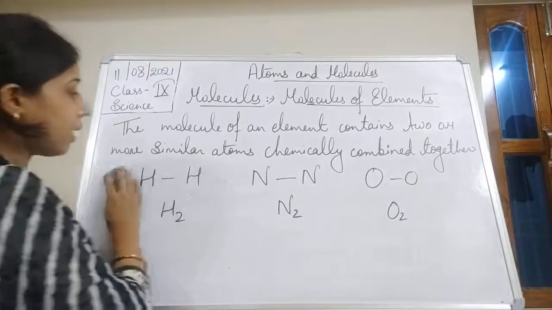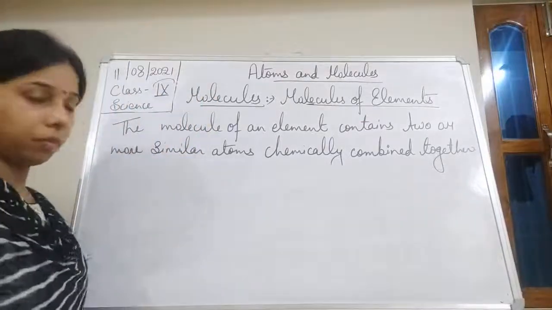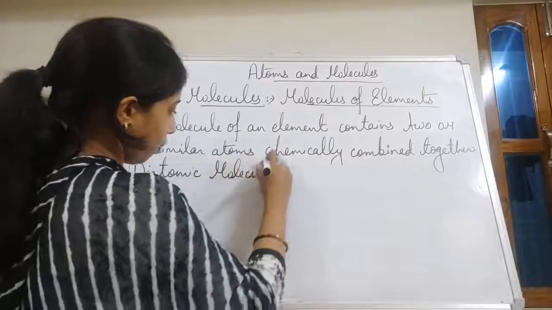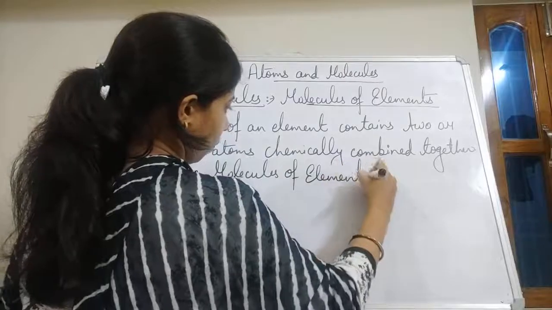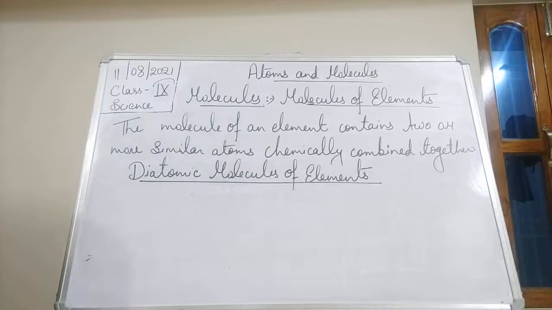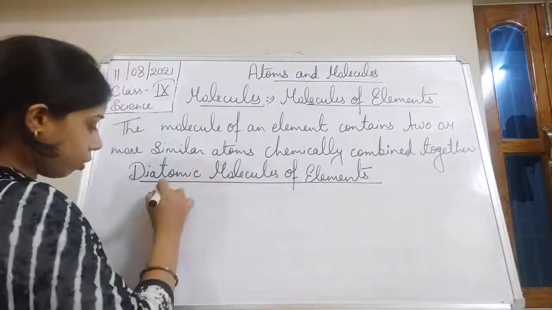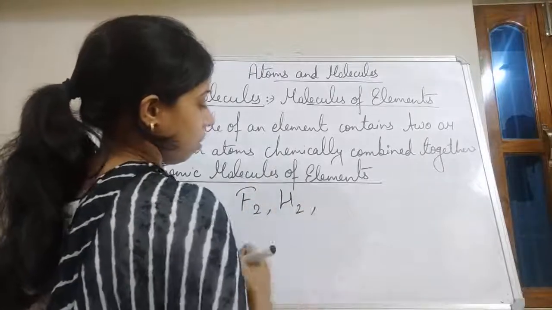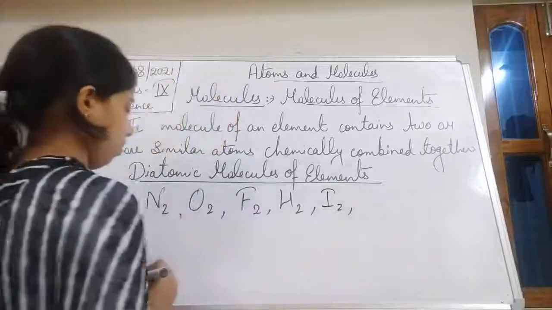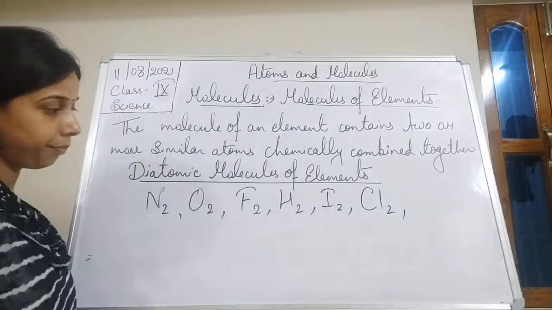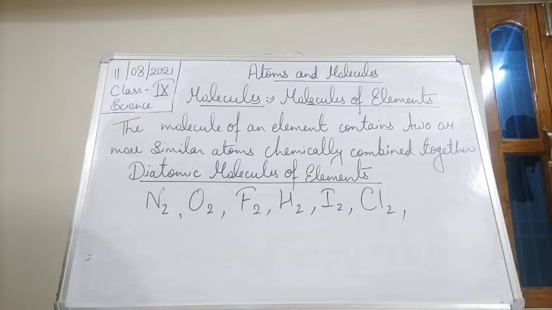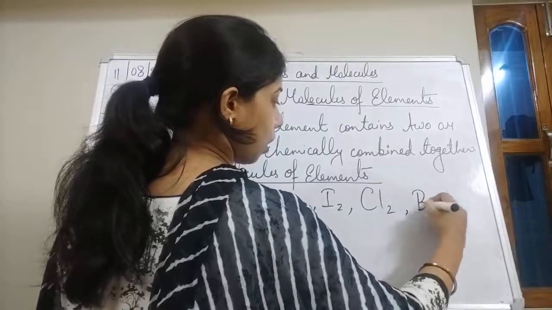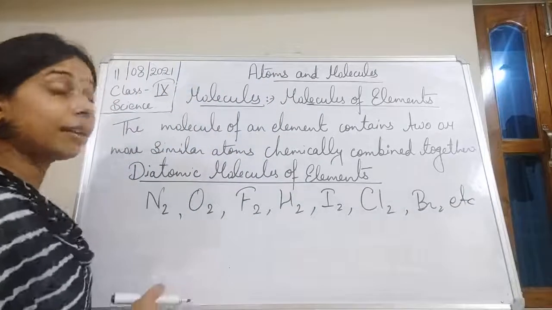So we can say that diatomic molecules of elements are nitrogen, oxygen, fluorine, hydrogen, iodine, chlorine, bromine (Br2), etc. These all exist in a diatomic form, students.